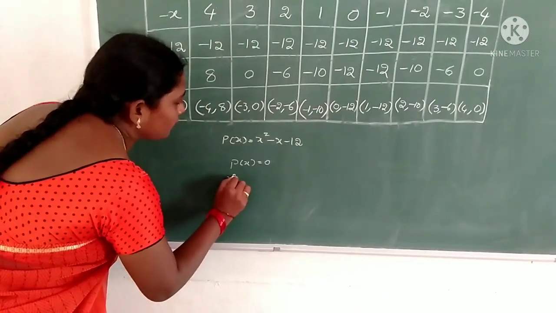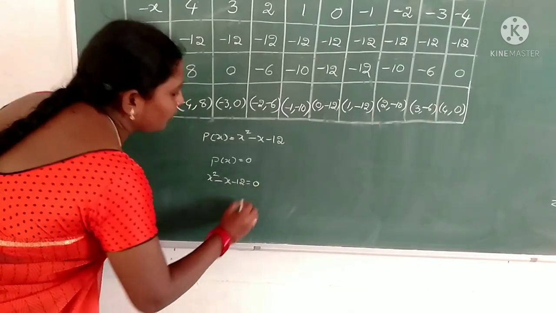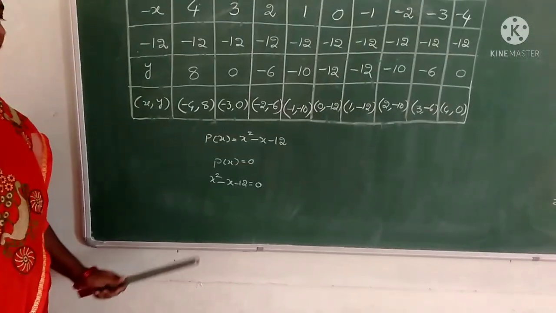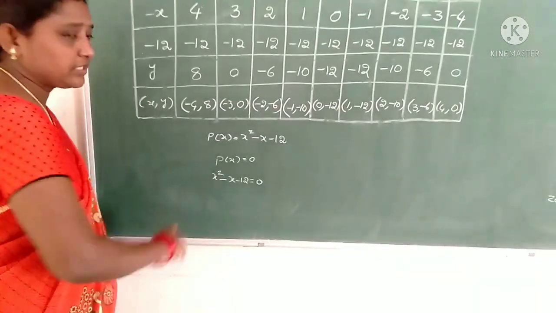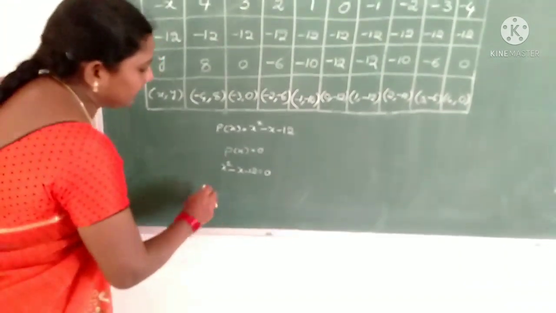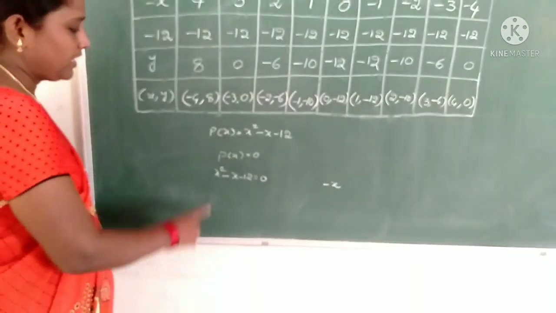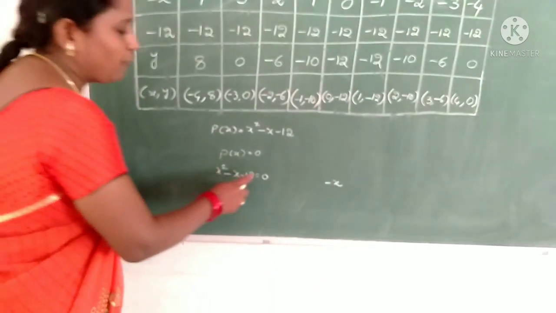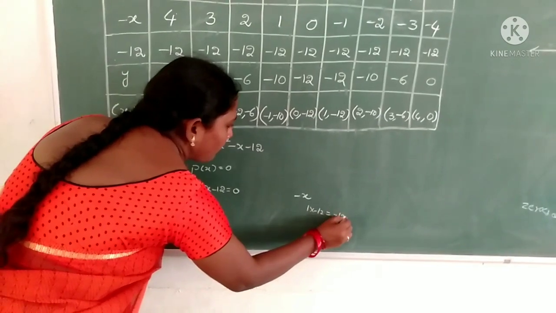So x square minus x minus 12 equal to 0. We learned how to factorize in 9th class. So first by the splitting method: middle term minus x. Next, x square coefficient 1, 1 into the constant value minus 12, so we get minus 12.